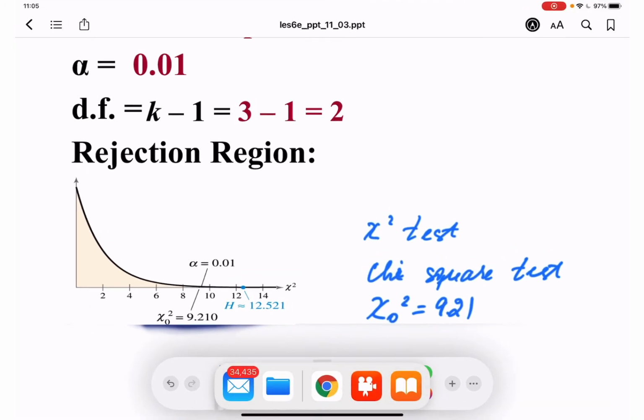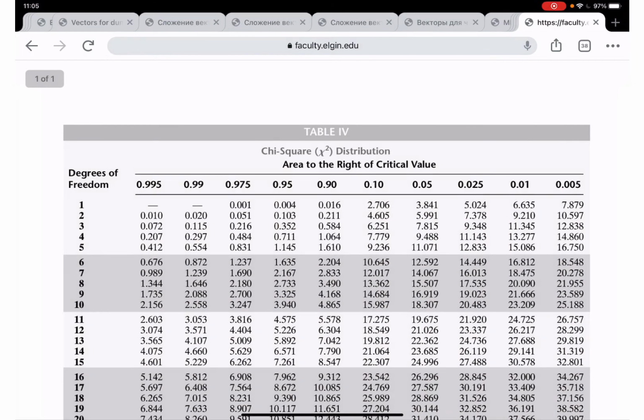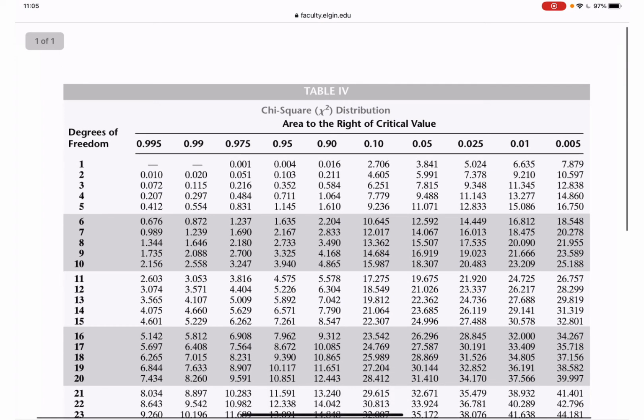So here it is. If I show you, this is the chi-square table, and we have alpha 0.01. It's the column before the last one, and degree of freedom 2. It gives us 9.210.